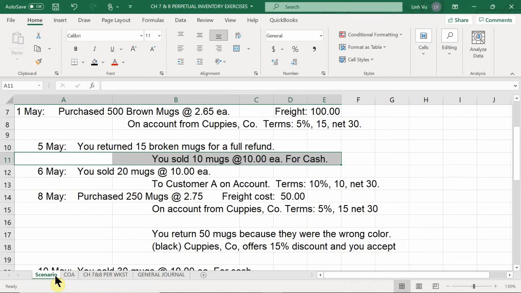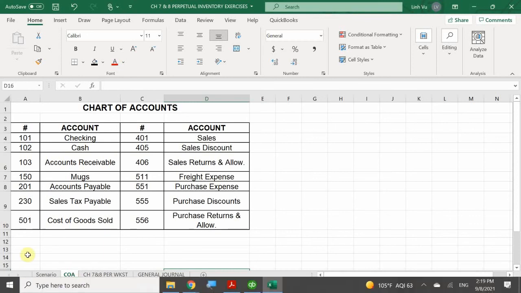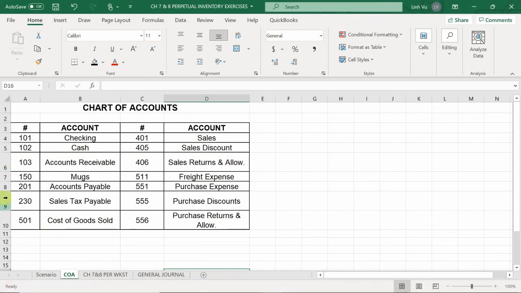So we're selling our mugs to customer A on account. What accounts am I going to use for my journal? Accounts receivable, not payable, because we sold to a customer. Correct.